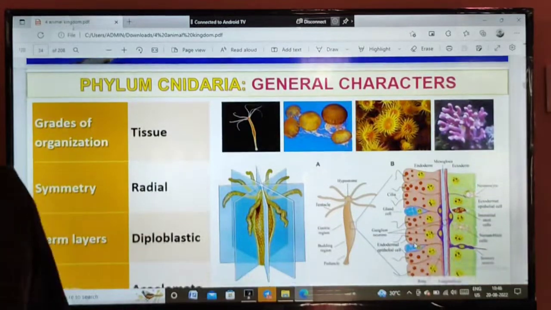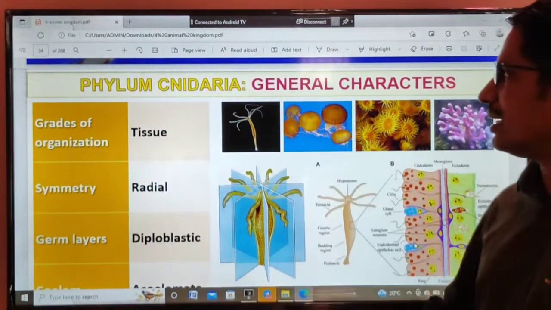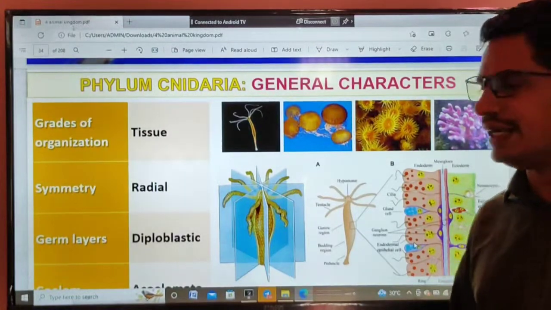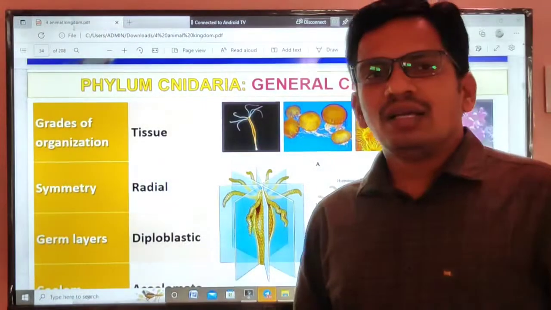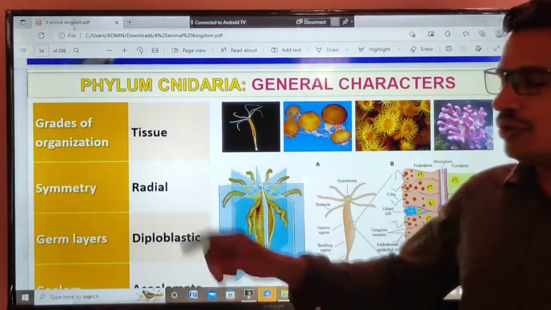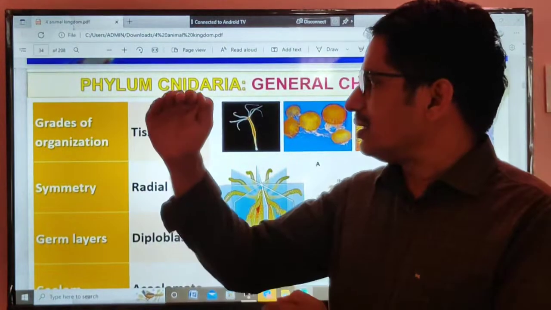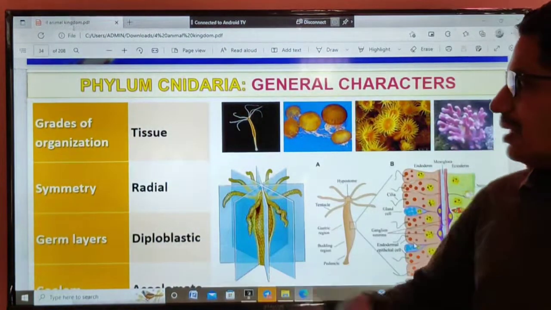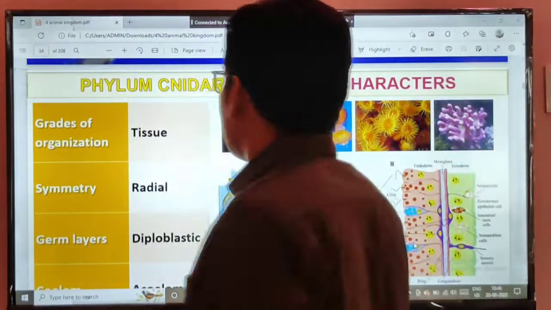Next one, phylum Cnidaria. The general characters of Cnidarians: the grade of organization is the tissue grade, whereas in Porifera it is the cellular grade. While moving up, the grade is tissue grade organization, which we can notice in phylum Cnidaria.